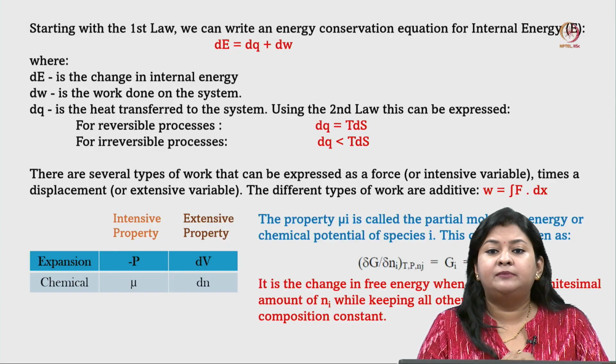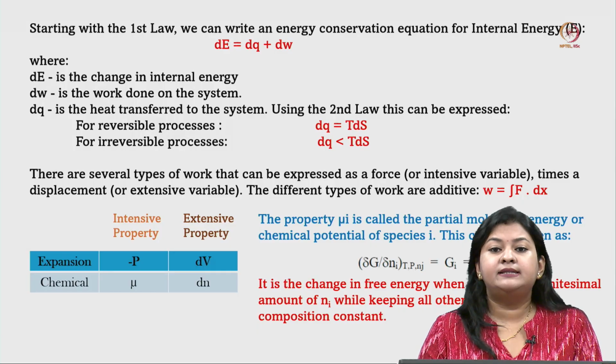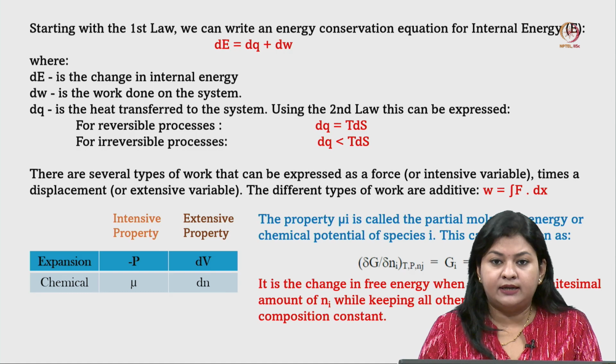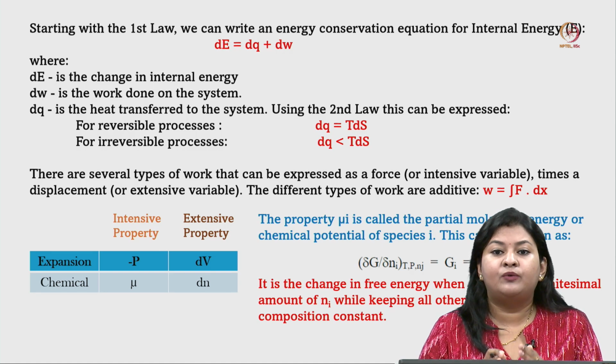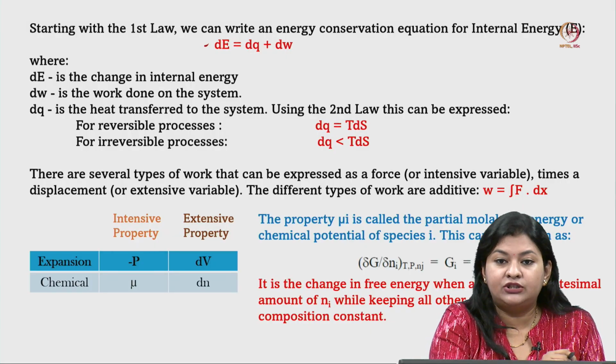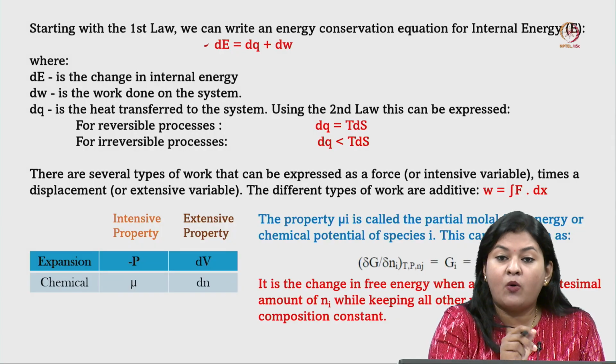We will start with the basic first law. What was the first law about? It says that energy is neither created nor destroyed, it can just be transformed from one form to another. This was the equation we have: the internal energy change is equal to the heat change plus the work done on the system.